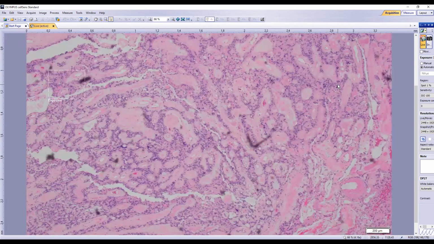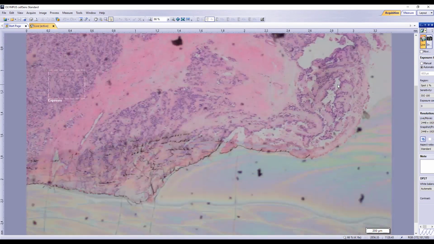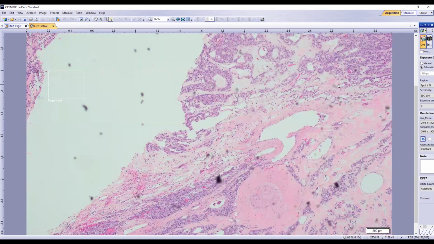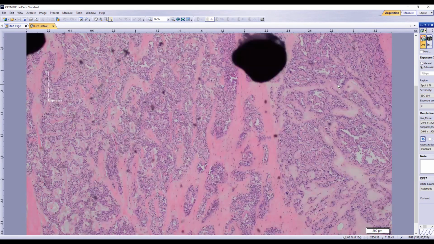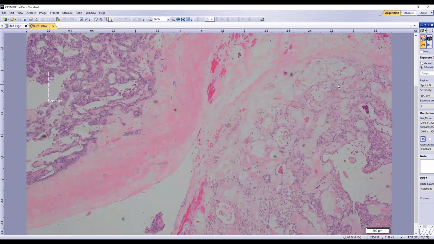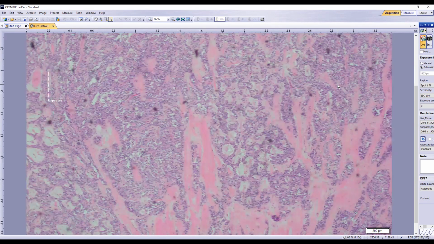So if you're in doubt, how would you confirm that this is solid pseudopapillary neoplasm? Beta-catenin. Nuclear. Yeah, nuclear beta-catenin. You can also do CD10 staining. What if you did synaptophysin? Would it pick it up? It should ideally be negative, no?